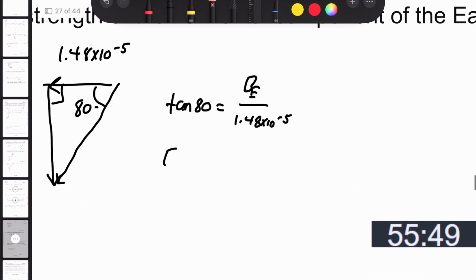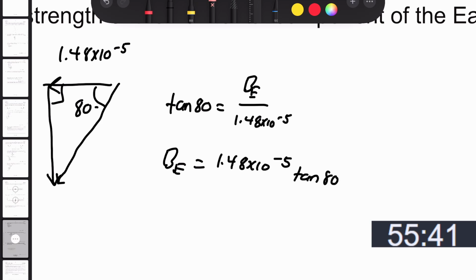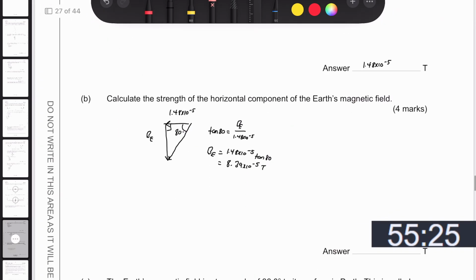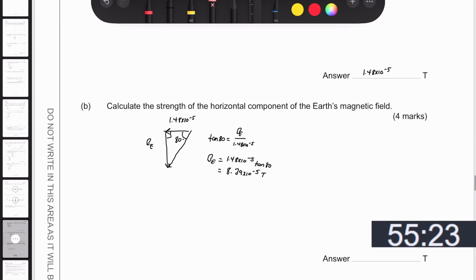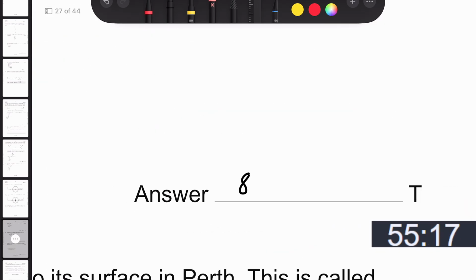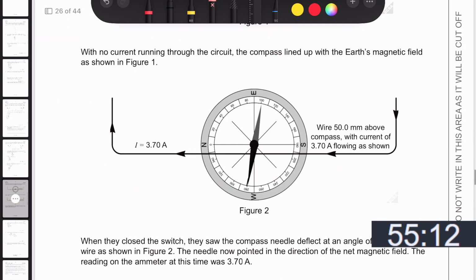And the Earth's magnetic field is going to be equal to 1.48 times 10 to the negative 5 tan 80. So this is 8.39 times 10 to the negative 5 Tesla. 8.39 times 10 to the negative 5. That makes sense.